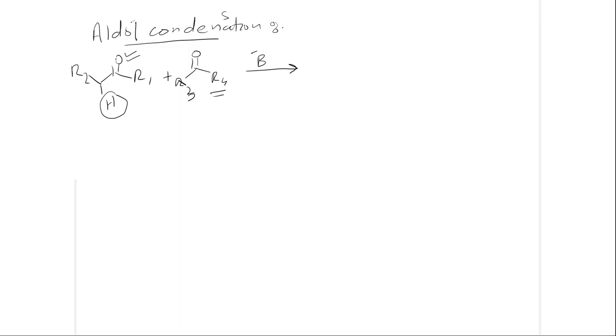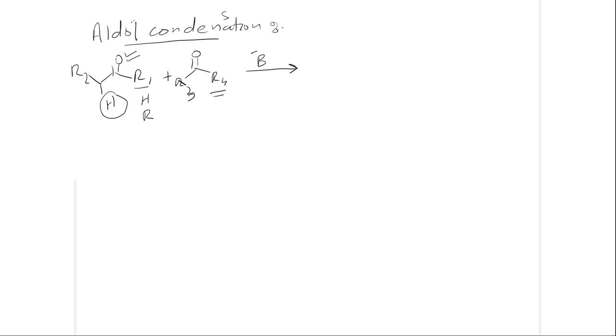If we talk about R1, it may be a hydrogen atom or an alkyl group. If a hydrogen atom is present, it will be an aldehyde, and if it is an alkyl group, then it will be a ketone. It is possible in the case of aldehydes and ketones, and in some cases an ester group.